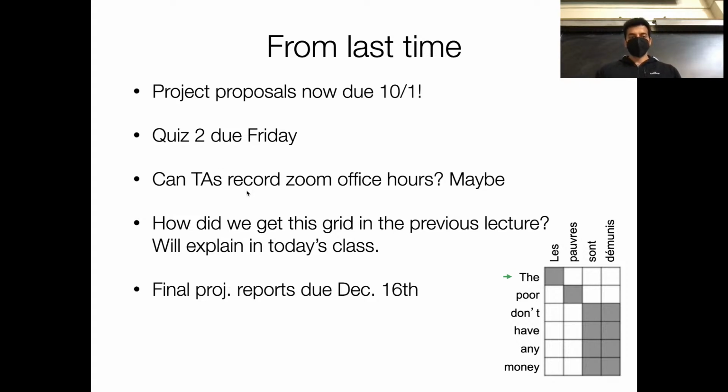Someone asked on the anonymous form, how did we get this grid that was shown in the previous lecture? So this will become more clear once we talk about sequence-to-sequence models for machine translation, which we will briefly do today. But in the case of a machine translation model, you have a source sentence and you have a target sentence, right?